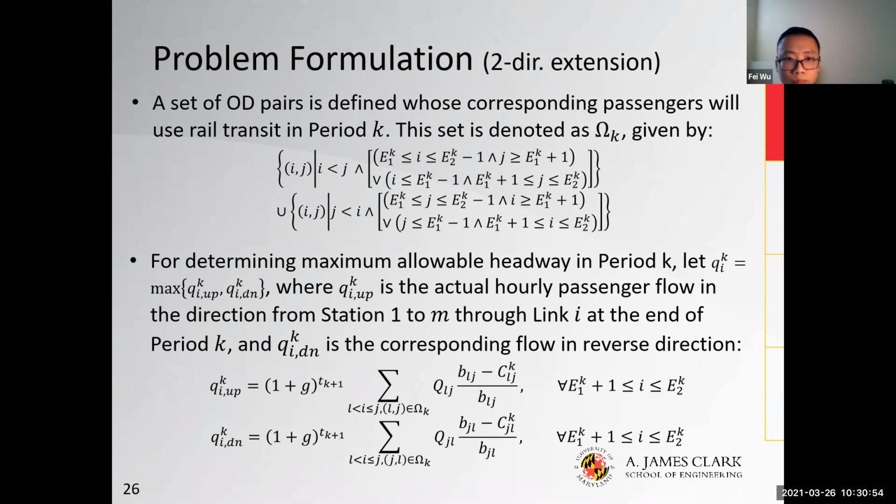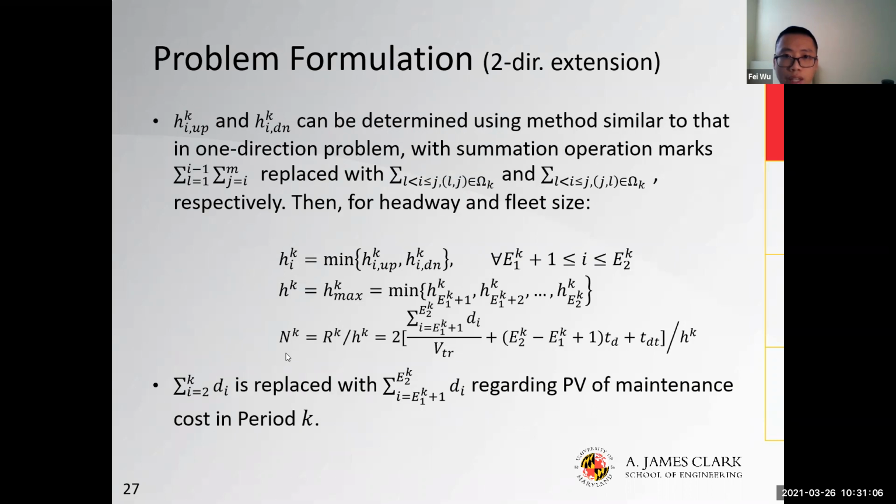Using this set, we are modifying the calculation for actual passenger flows through each link in each direction. We are also modifying how we determine the maximum allowable headway based on these actual demands of passengers.